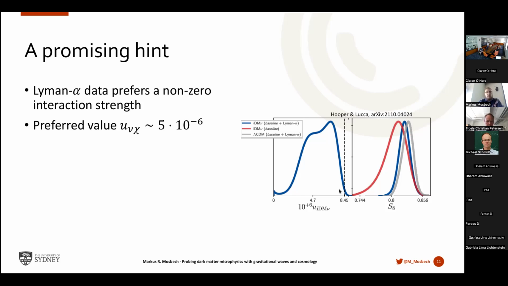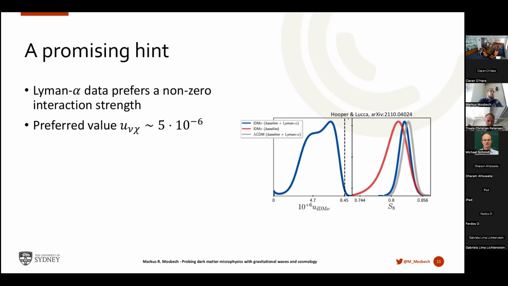So this is the posterior distribution that is very clearly peaked away from zero for interaction strength. Of course, I'm not going to say I believe this is the right model, but I believe this is interesting and warrants further investigation. So their preferred value is about 5 times 10 to the minus 6 and has an upper bound of around 10 to the minus 6.